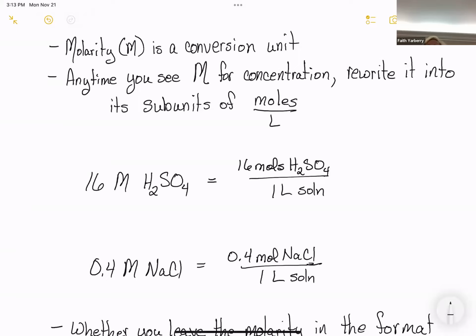Now you may ask why? Why take that time to take that capital M and rewrite it into its subunits? I'll tell you what my experience is from grading a gazillion papers over the time I've been teaching. Not quite, but it feels like it some days.